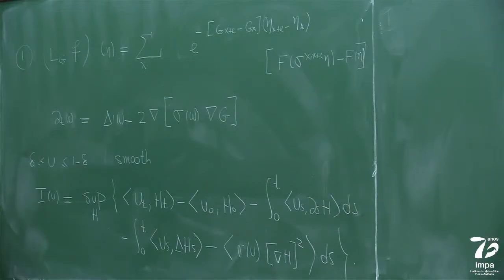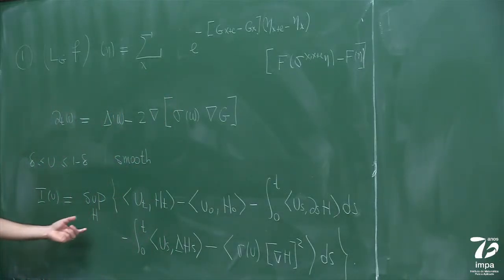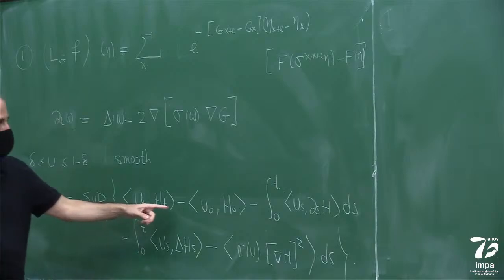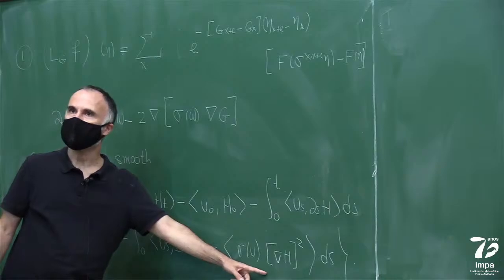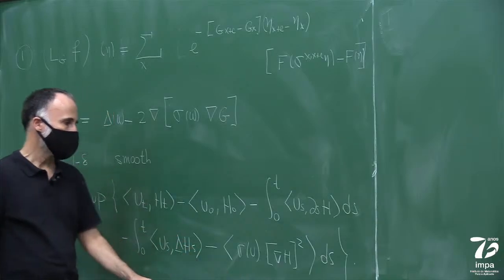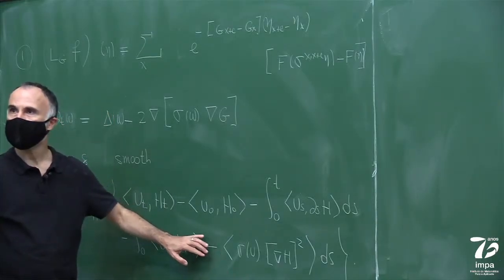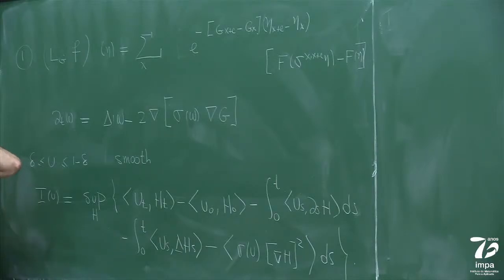Okay. So as a function of h, I have a piece which is linear. All terms are linear, but this one, which is quadratic with a minus sign, so this one, it's a convex function with that minus, a concave, and we are taking the supremum. So the supremum will happen at the critical point.